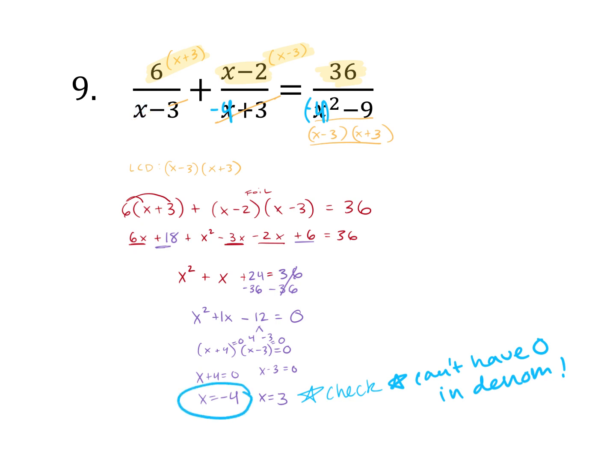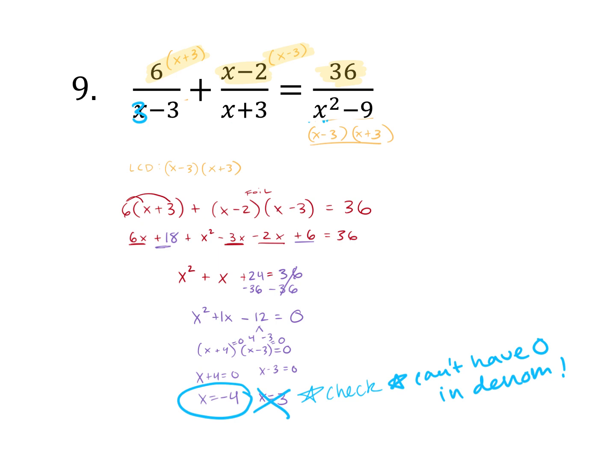Let's plug in 3 now. What's 3 minus 3? 0. So is 3 one of our answers? No, it's an extraneous solution. Every question like this on the test will say, check for extraneous solutions.